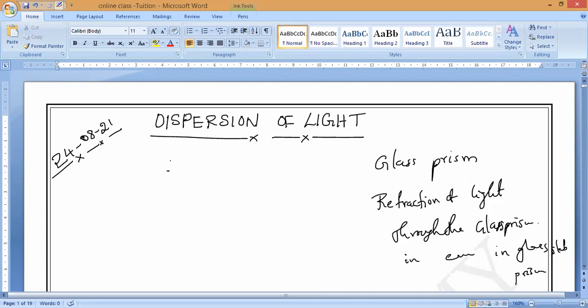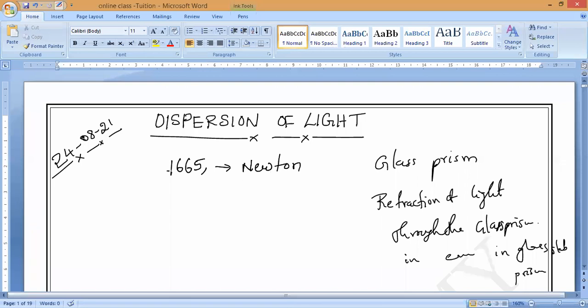In the year 1665, a scientist called Sir Isaac Newton discovered, when he was doing some experiments with glass prisms, that white light consists of a mixture of 7 colors.